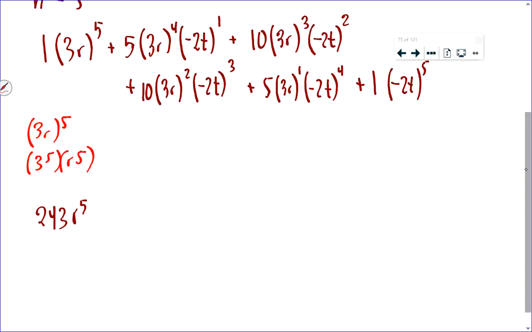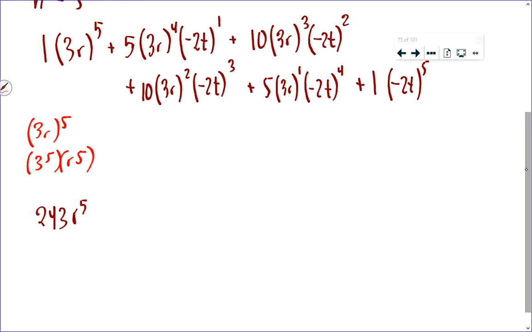And 3 to the 5 gives 243, which you can check on your calculator and which I am going to check on mine as well. I'm pretty sure that's right, but I want to get a calculator in front of me just to double check. 243.